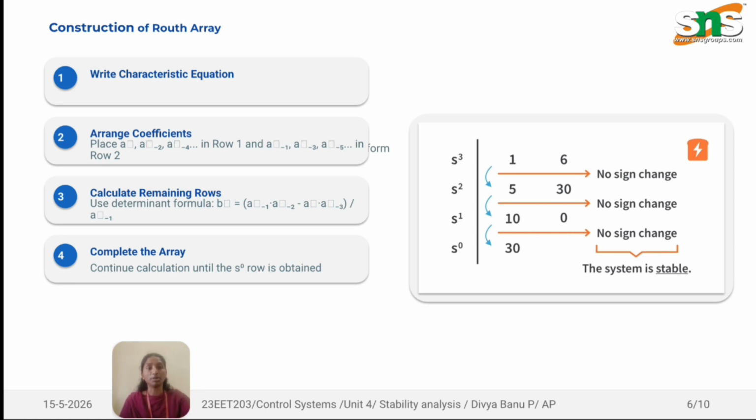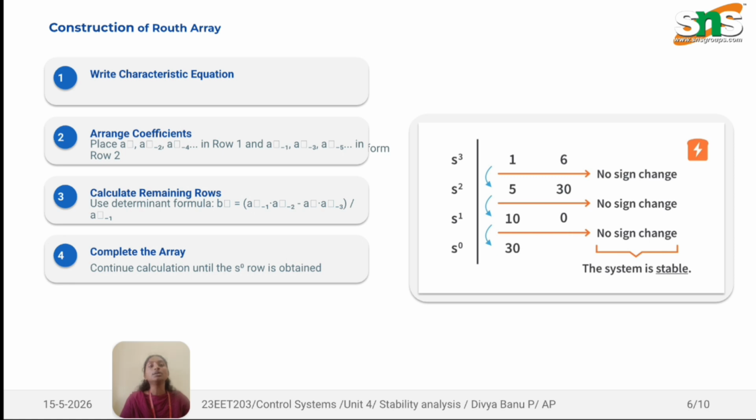That has to be brought to the second row, second column, and then the constant 30. Again we use cross multiplication, like 5 into 6 minus 30 into 1, divided by 5. Likewise, whatever the highest power may be, we have to solve till s^0.